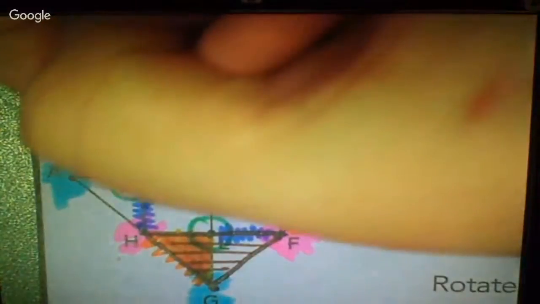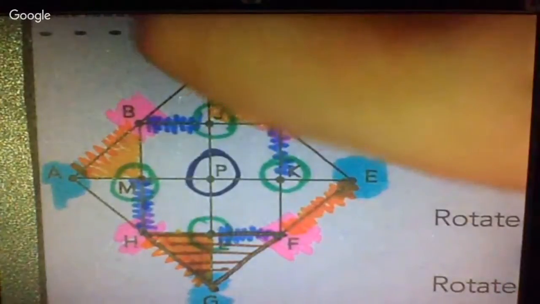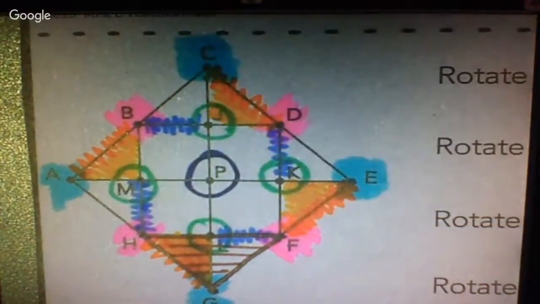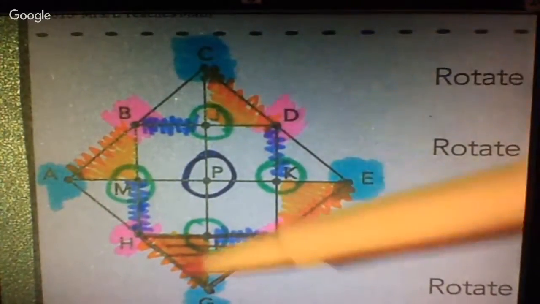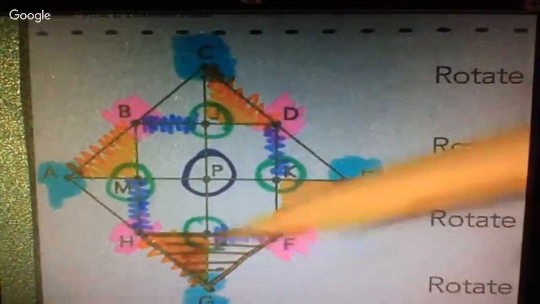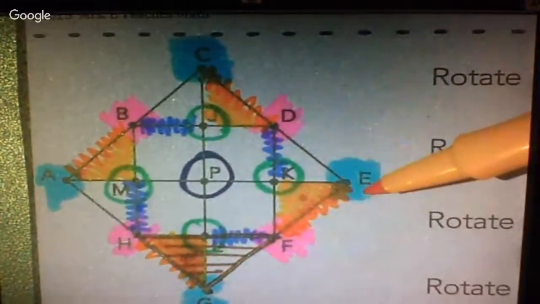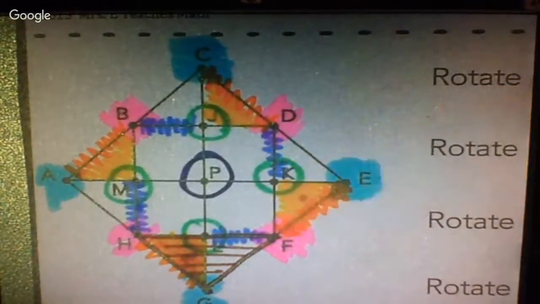So that can either be this one, or this one. Okay. So if I start here and I want to go 90 degrees, it becomes this one. E, K, F. JKF.